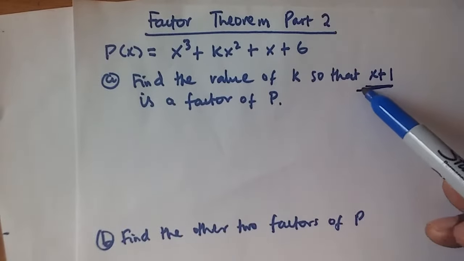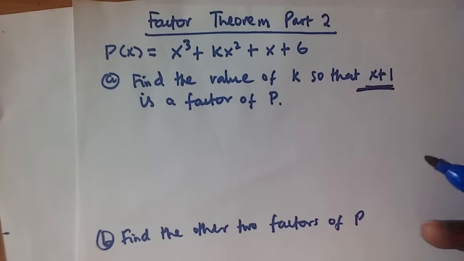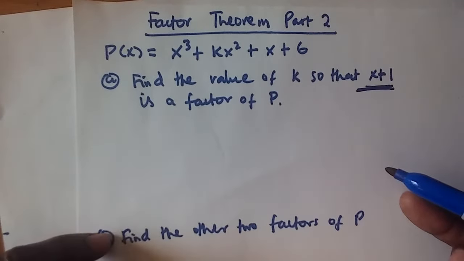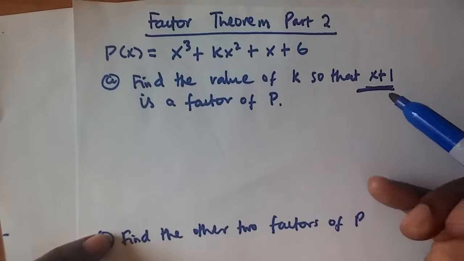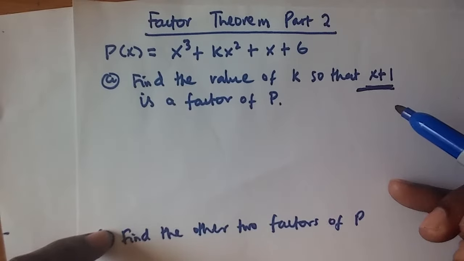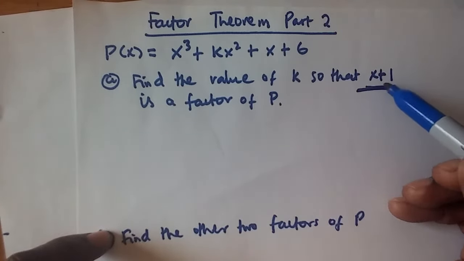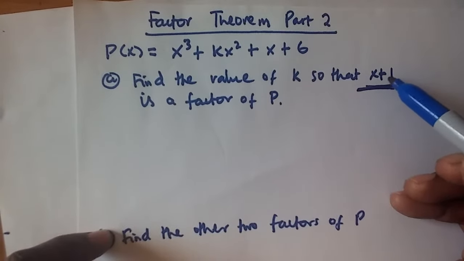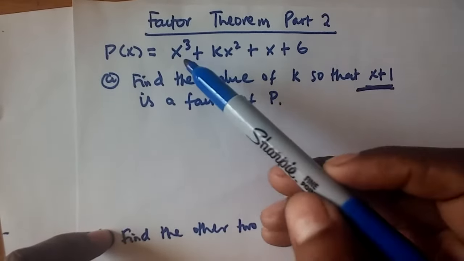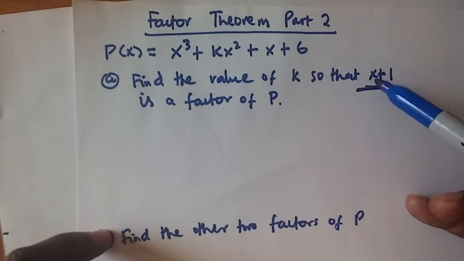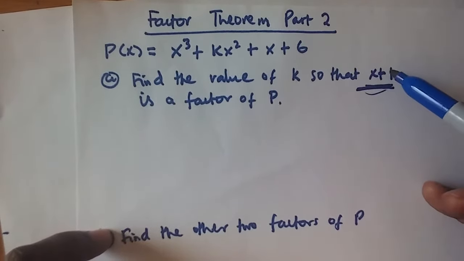this polynomial. So we're going to apply the factor theorem and the remainder theorem. We are going to find p of negative 1. We do p of negative 1 because if you plug in negative 1 and the answer is 0, then x plus 1 is a factor.